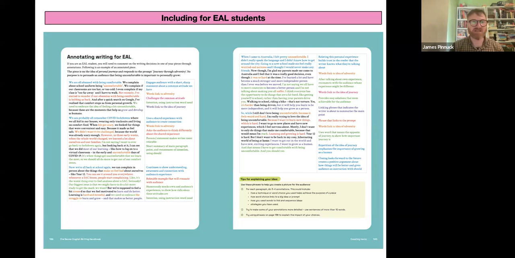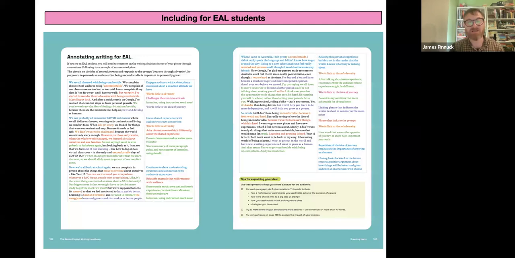And we've given a really clear example of how to do that, which is not what is in the current fourth edition, because this kind of thing changed at the last minute in the study design. So we had actually written the EAL section in the current fourth edition before the annotation element was added to the study design.